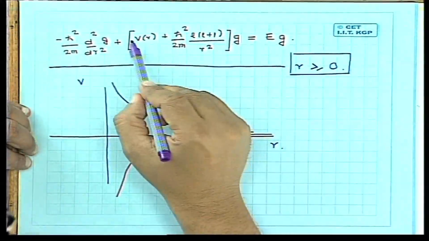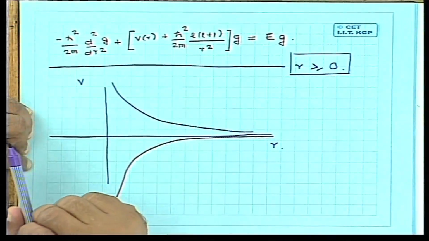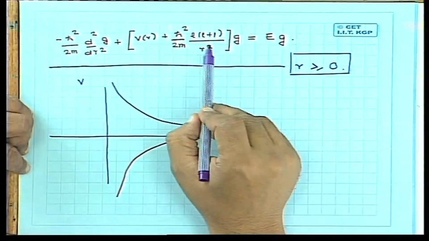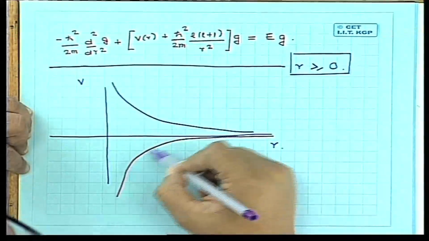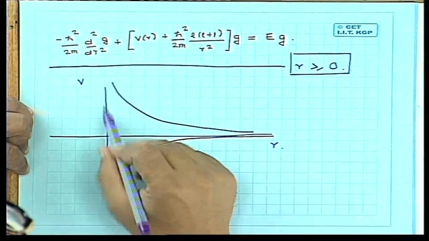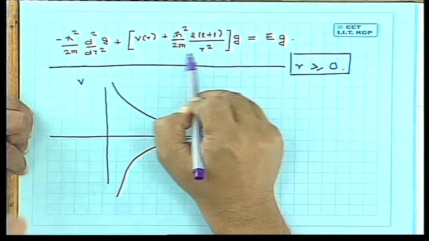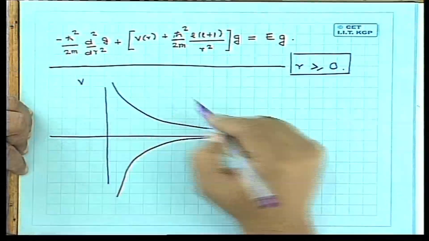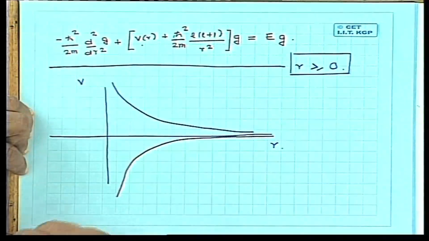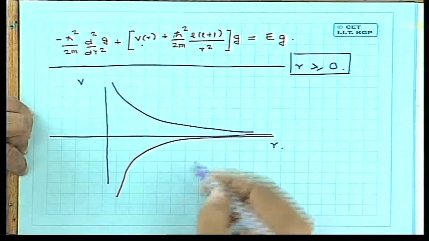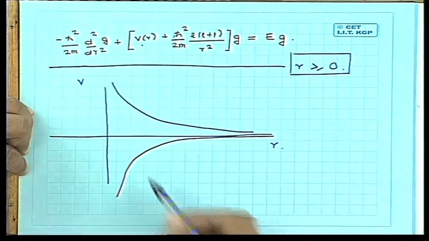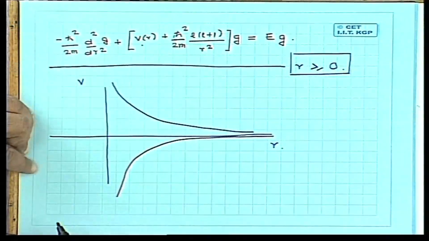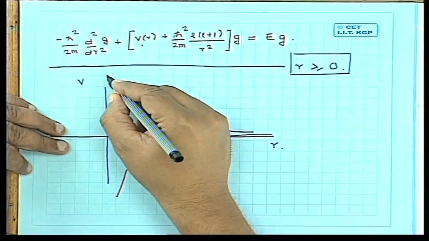If the potential which we are originally given falls off slower than 1 by r squared, for example a 1 by r potential, then at small r the contribution from the centrifugal potential is going to dominate, whereas at large r the original one is going to dominate. So the resultant potential, which is the sum of both of these, in which the 1-dimensional particle moves, will look something like this.